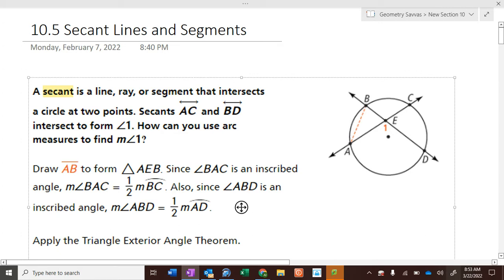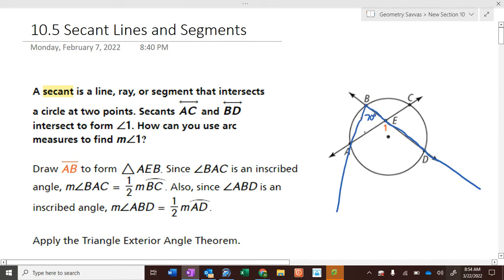So, what we learned in our last lesson is we got an inscribed angle here. Here's an inscribed angle right here. Let's say angle ABD is like 70 degrees.